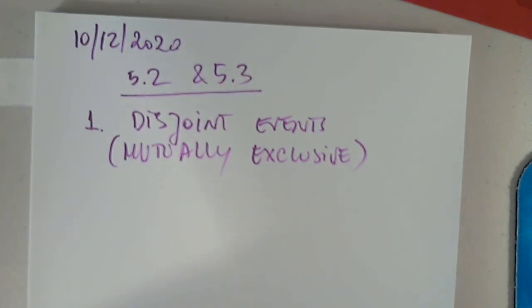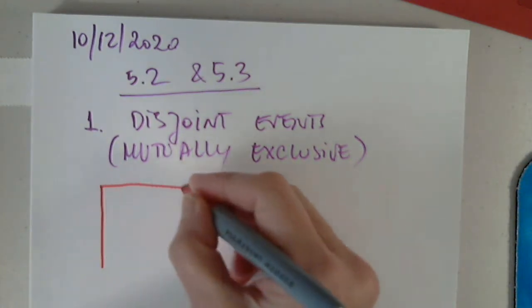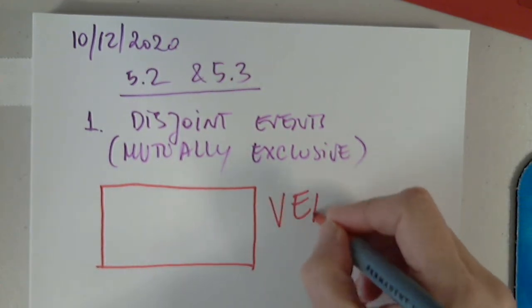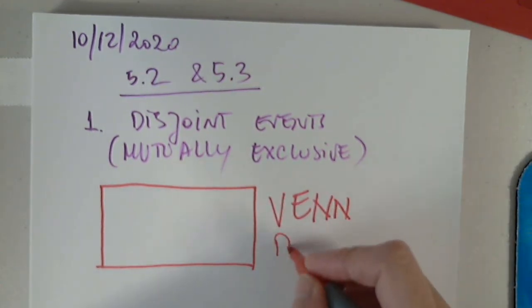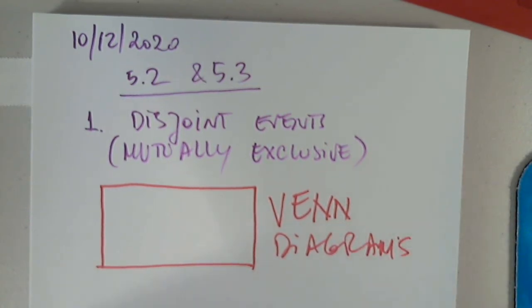So mathematicians and statisticians like Venn diagrams. Very easy way of presenting what you are talking about and analyzing it.